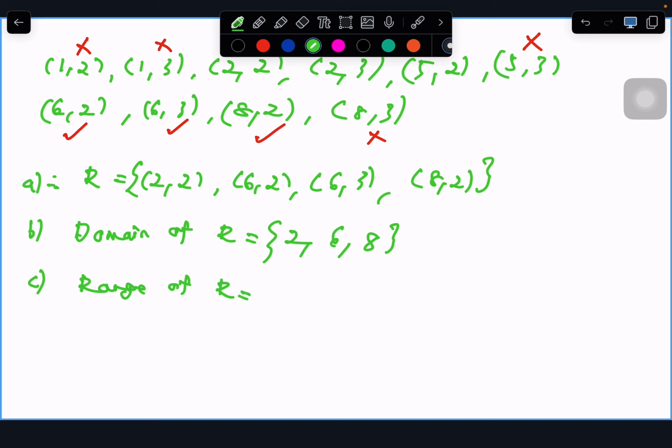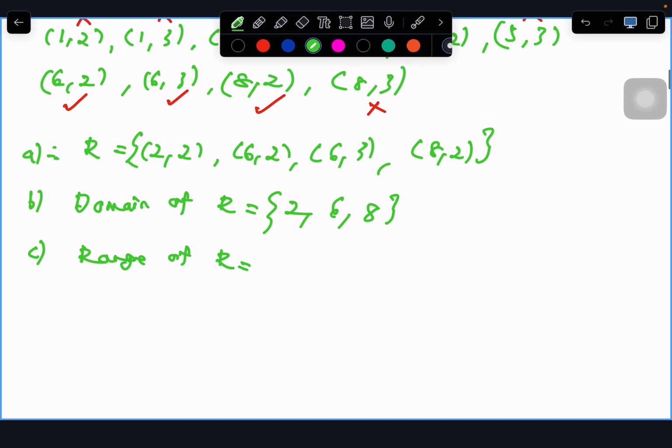So range, from the diagram we see range is on the right, correct? So which numbers are on the right? 2 and? Don't forget the curly bracket there, guys. Clear?